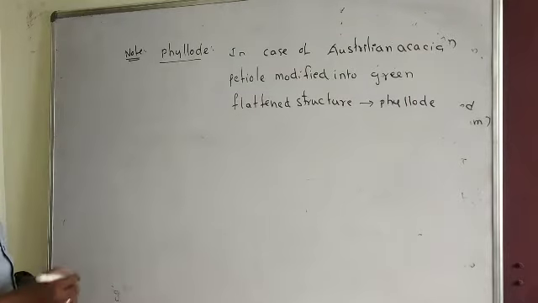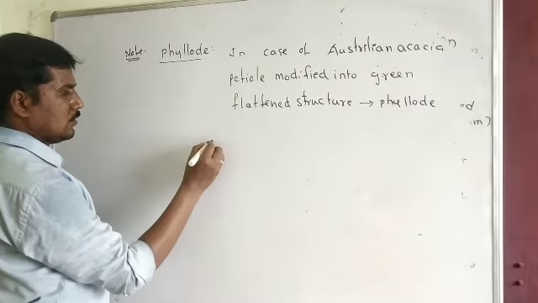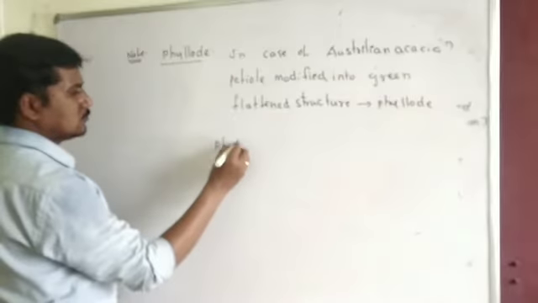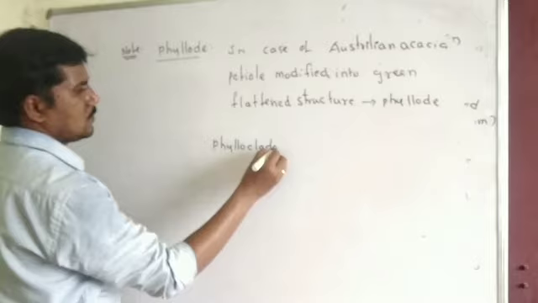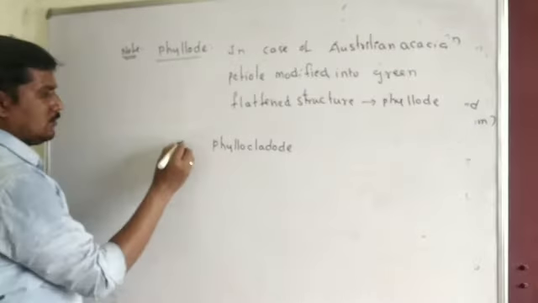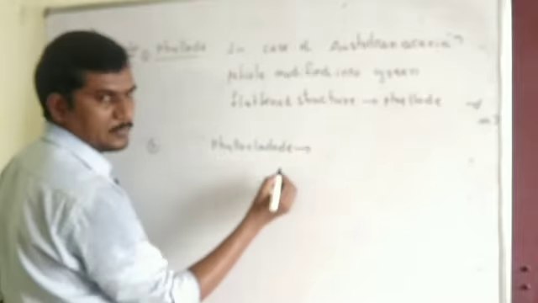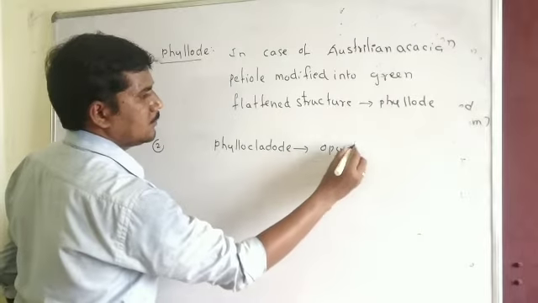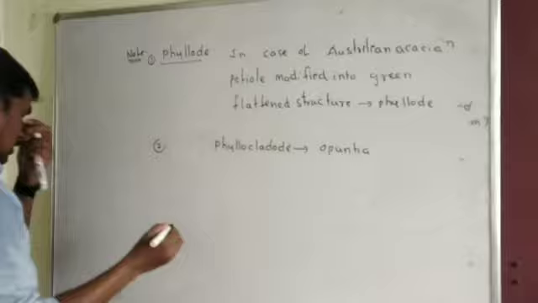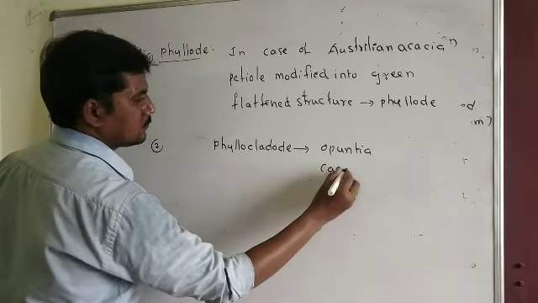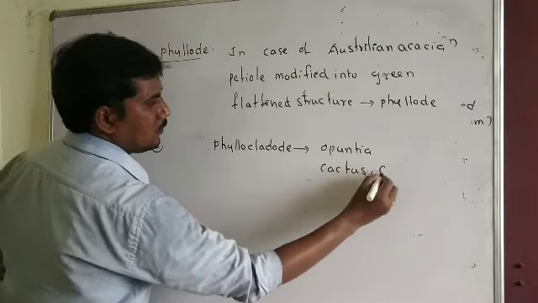Here is one more point you should know clearly. Phyllocladodes are a modified form of stem. Example: Opuntia, cactus, euphorbia.